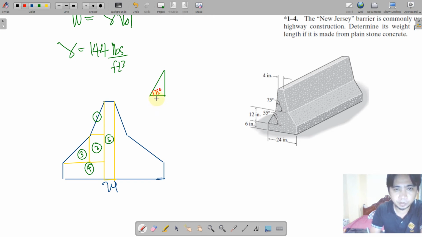If we can solve, then we will be having that as x. Unlike on the vertical, we really do not have any reference in getting y here. But in the base, we still have to refer to the total distance here and the top distance, 24. So this is 4.